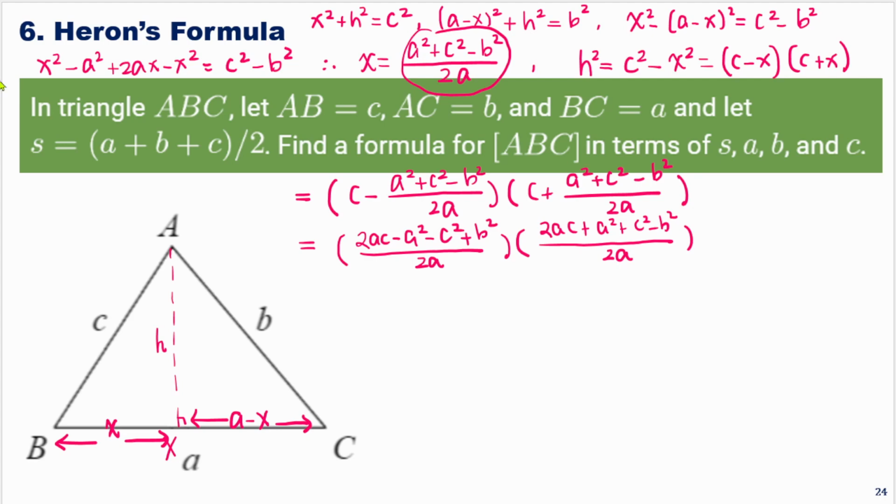And the first one can be simplified to (b minus a plus c) times (b plus a minus c), you see that? Over 2a.